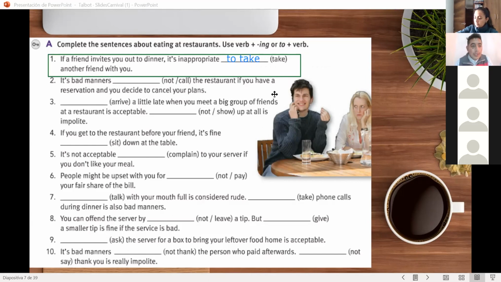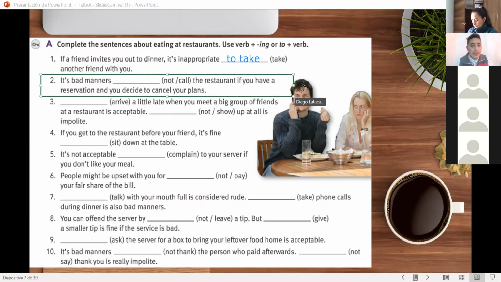Please help me reading the second one and answer. It's bad manners. ¿Respondo o sigo leyendo? Respond. Restaurant, you have a reservation and you decided to cancel your plans.